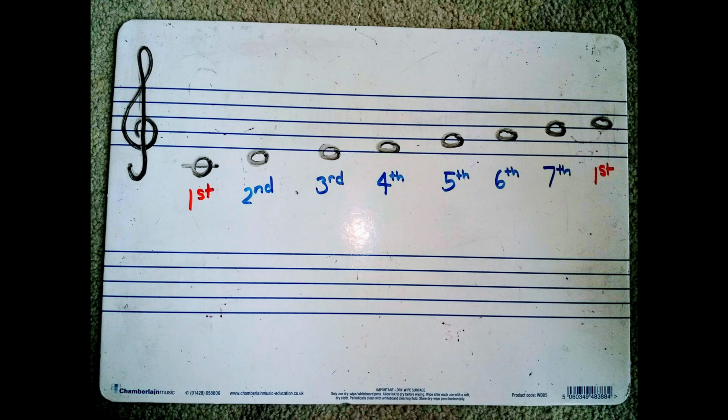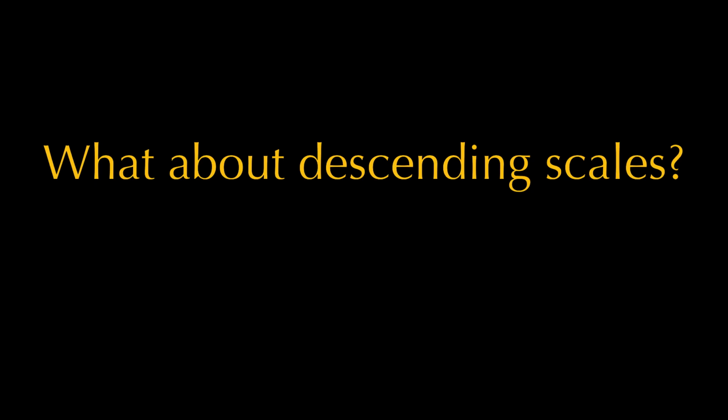So here's an example of C major. Now, how about if you were writing the scale the other way around? So you were starting at the top and coming down. What happens to the degrees of the scale then?